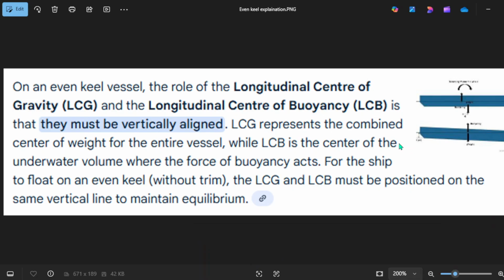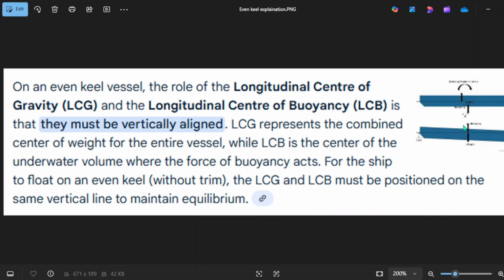LCG represents the combined center of weight of the entire vessel. So the weight of the entire vessel will go down, will sink. While the LCB is the center of the water volume where the force of buoyancy acts. When you say buoyancy, the water pushes the vessel upward.